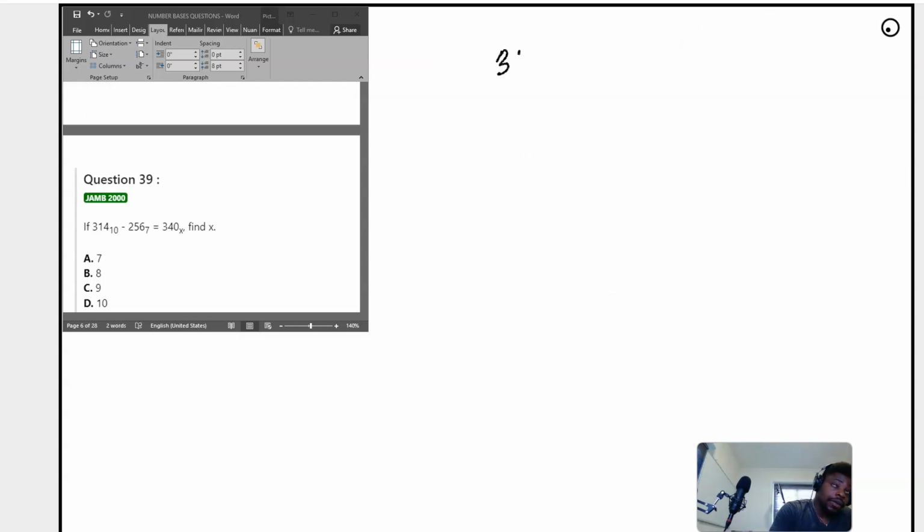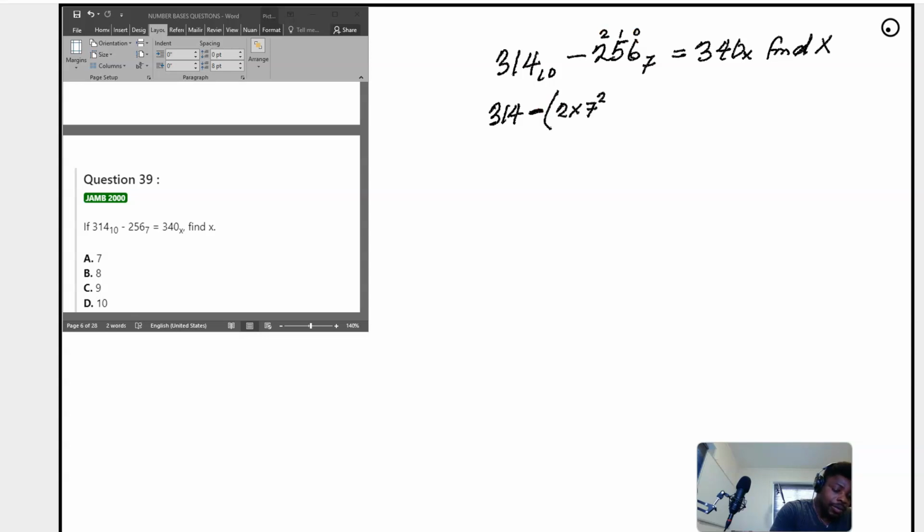If 314 base 10 minus 256 base 7 is equal to 340 base x, find x. This is already in base 10, right? 314 is already in base 10. Let's convert this to base 10. Okay? So here, that is 2 times 7 raised by 2 plus 5 times 7 raised by 1 plus 6 times 7 raised by 0.